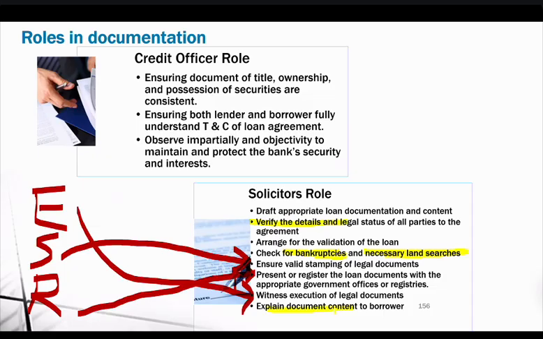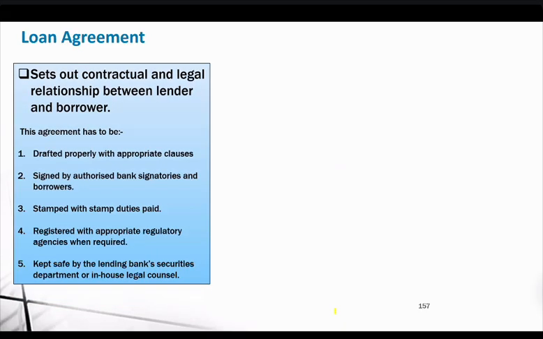But this one will come up in the exam, slide number 156. Then we have loan agreement. Loan agreement by definition is a contractual and legal relationship between lender and borrower. So this agreement has to be drafted and kept safe.